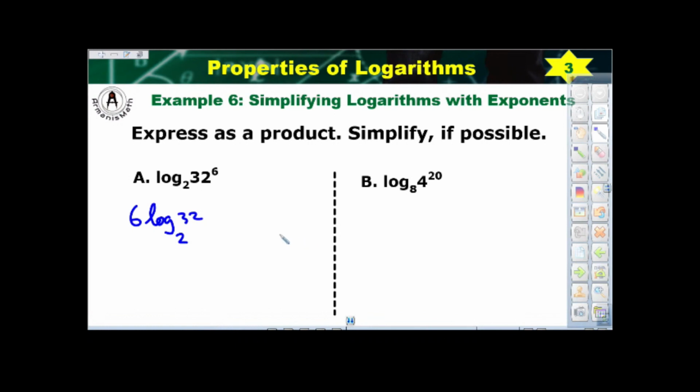My brain is going, okay, gotta think. 2 raised to something here gives me 32. What is that something? 2 raised to an exponent gives me 32. What do you think is that exponent?